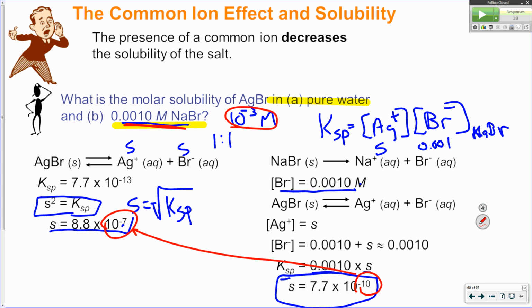And when you look at the salt concentrations inside of cells, they range from somewhere in the range of 0.1 to 0.25 molar. They're much, much higher than this. So salt concentrations that exist inside of cells and living tissues have a great influence on the solubility of compounds where the co-ion is present. All right? If the co-ion is not part of those salts, then it doesn't influence the equilibrium.